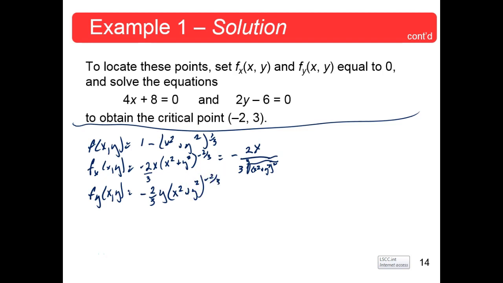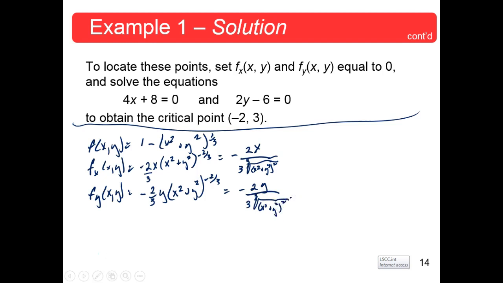Okay? Now, and that written similar to this would be minus 2y over 3 times the cube root of (x squared plus y squared) squared.